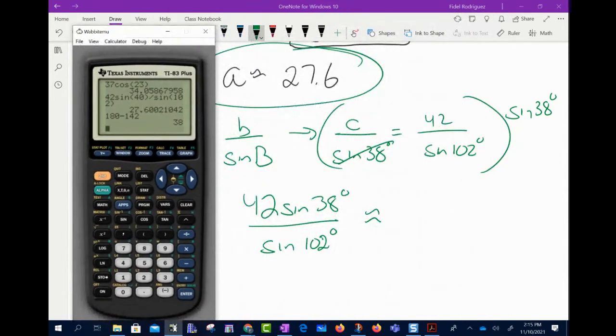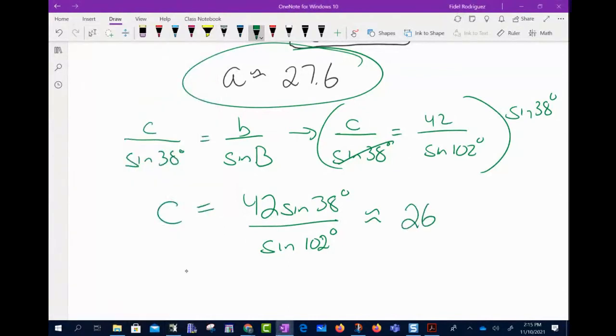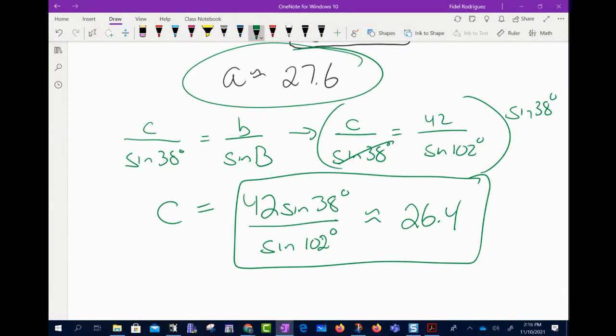And let's do our decimal approximation. Let's move this guy over here. So 42 sine of 38 divided by the sine of 102. And if I'm going to go to 1 decimal place, 26.4. Okay. So here's my exact answer, and here is my decimal approximation.